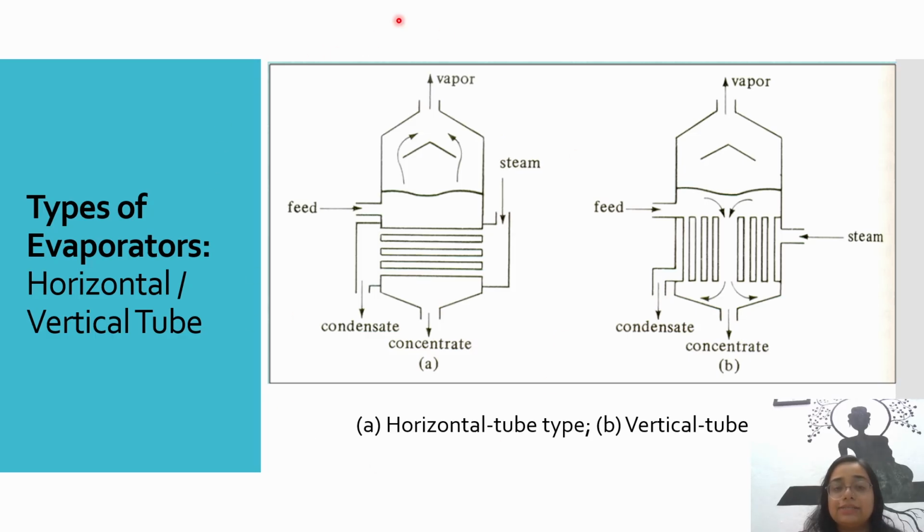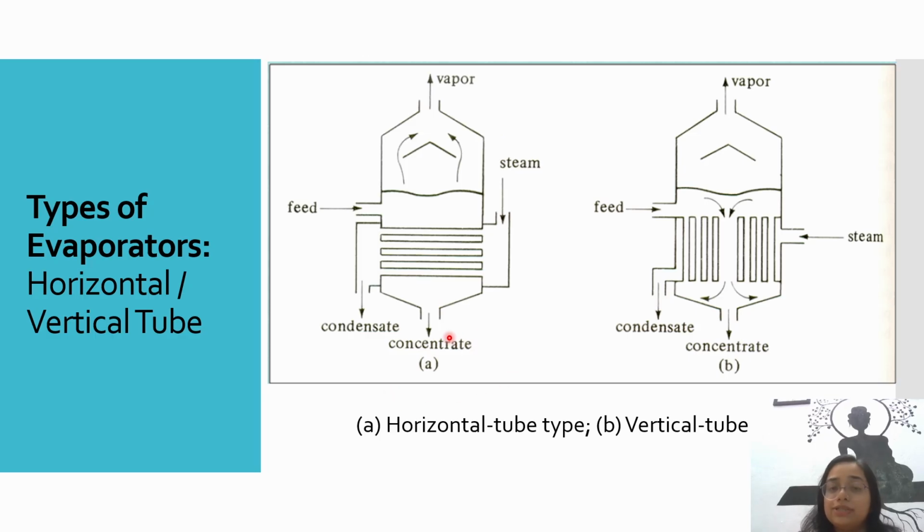So let us see this picture, what is happening. Here we are introducing the feed, and on this side we are introducing the steam. After evaporation takes place within these evaporator tubes, water will be vaporized and collected from the top as vapor, whereas the concentrated solute will be collected from the bottom of the evaporator.